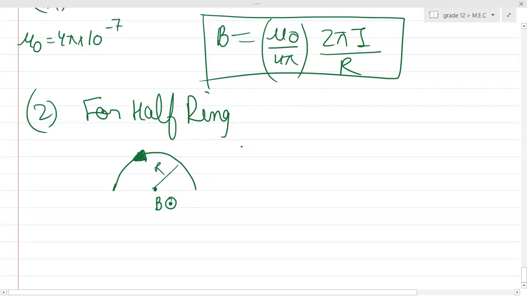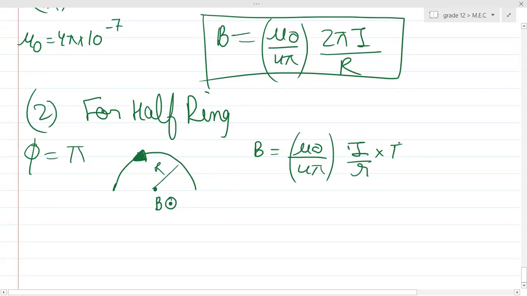So this is the magnetic field, and B is equal to mu naught by 4 pi into I by R multiplied by pi. What is the angle over here in this case? Pi. So can you see, when the ring was full and you halved it, it became half. The magnetic field became half directly. It all depends on the length of the wire.